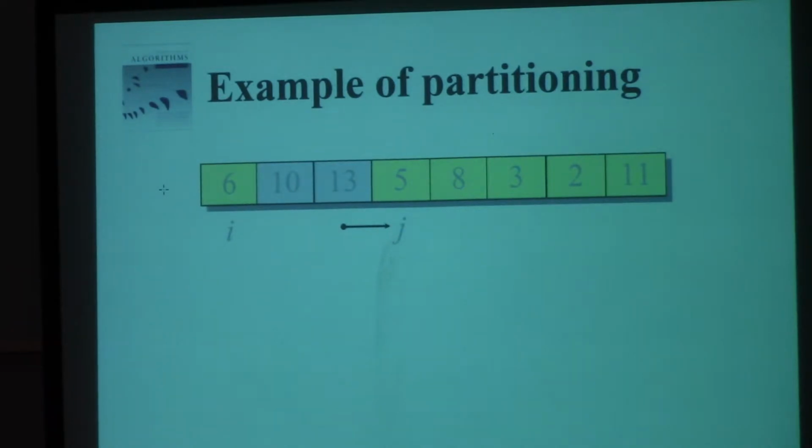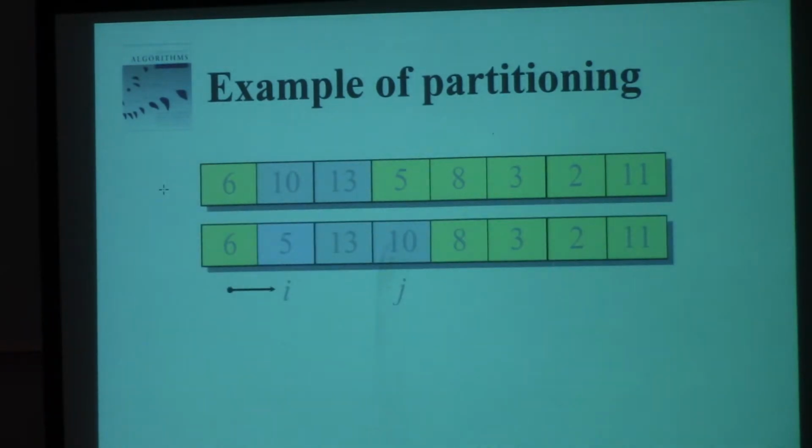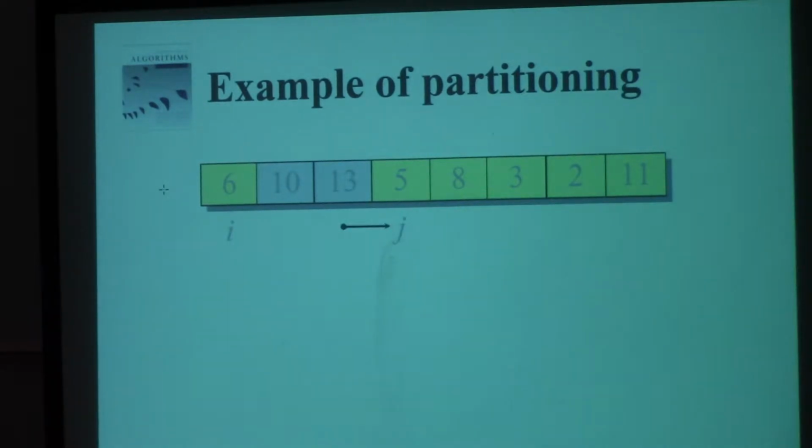So watch what happens. What do we do? We bounced i by 1 to the right. We knew by going to the right we have a violation of i, because that means that this value we know is greater than pivot.